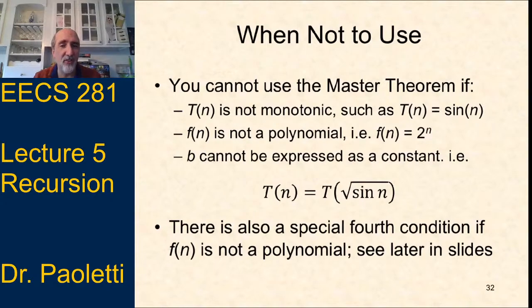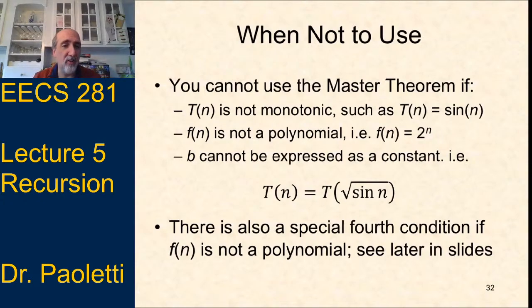If T of n is like a sine function, weird in computer science, might come up in another field, we can't use the Master Theorem. If f of n is not a polynomial, like if it's an exponential, we can't use the Master Theorem. If we can't express b as a constant, like T of n equals T of the root of something, that's not a division by a factor, so that can't be used.